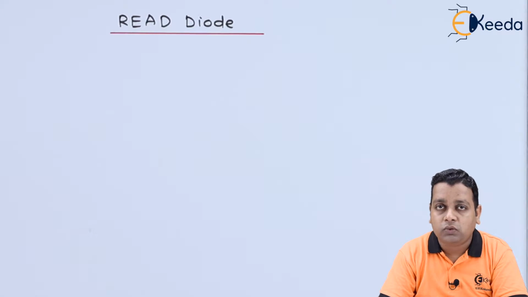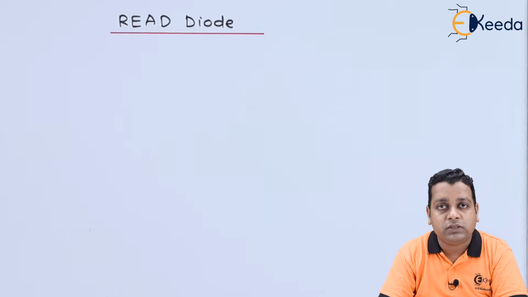The Read diode was first invented theoretically by the scientist named Read in the year 1958. Later on, the practical versions of the Read diode were made available to us.